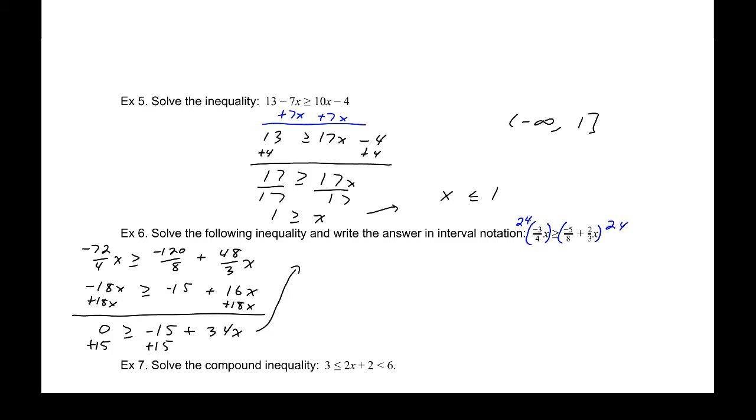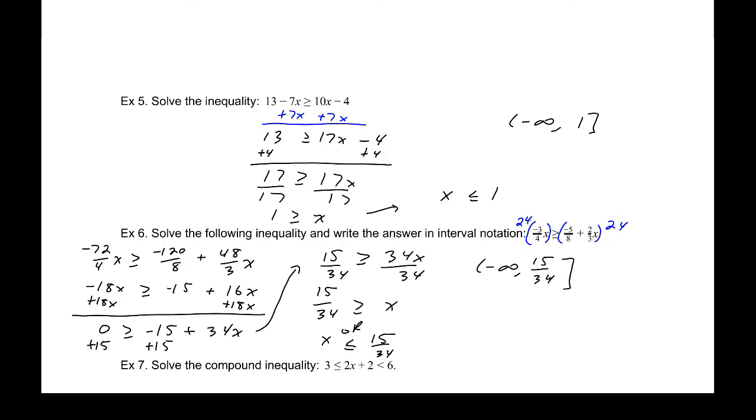I get 15 is greater than or equal to 34x, and one more step, divide by 34. 15 34ths is greater than or equal to x, or x is less than or equal to 15 34ths. So writing this in interval notation, negative infinity to 15 34ths, including 15 34ths.